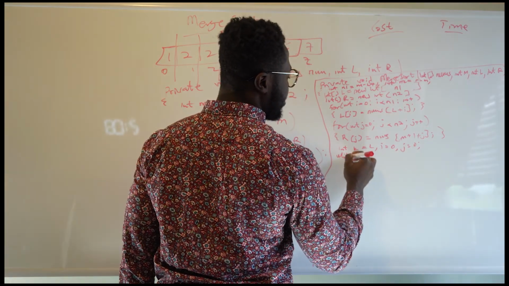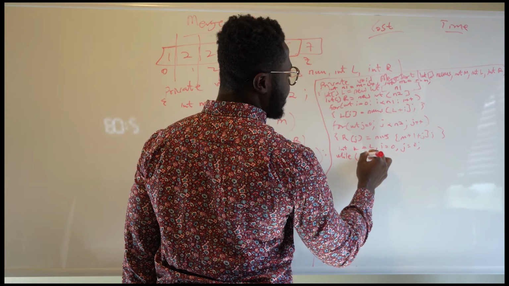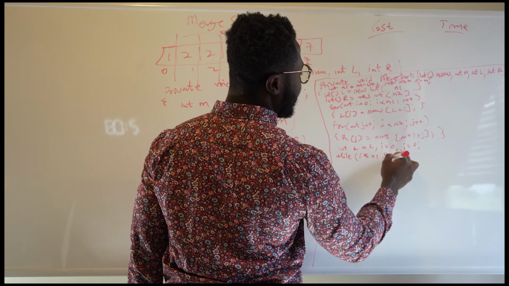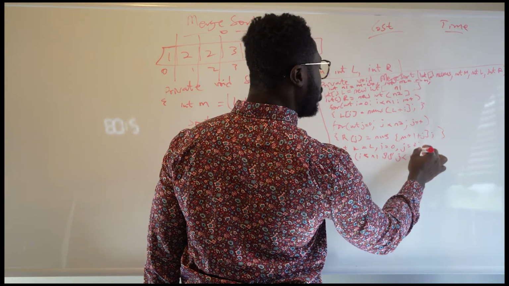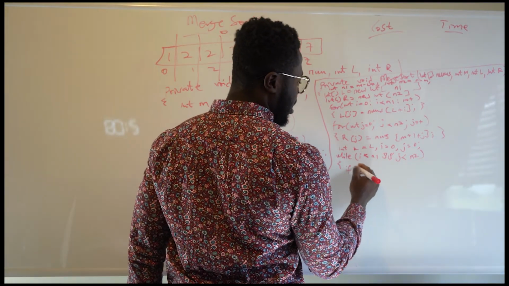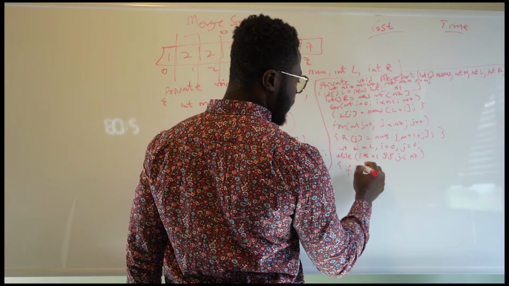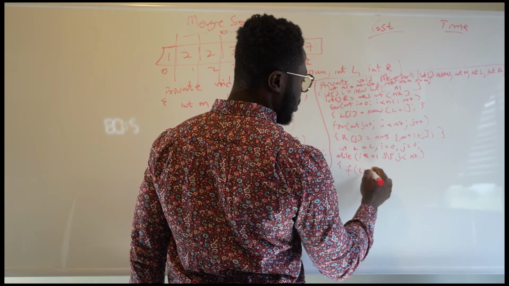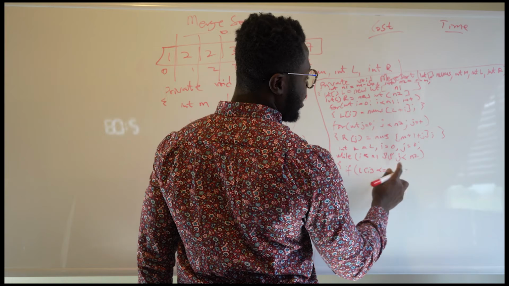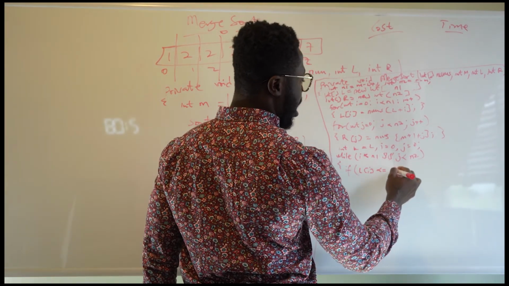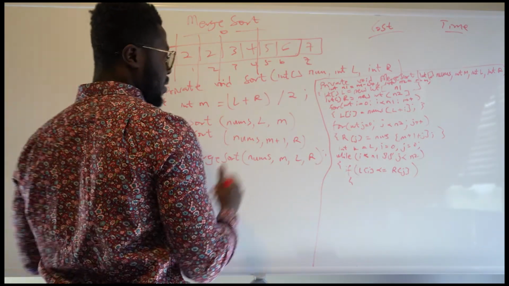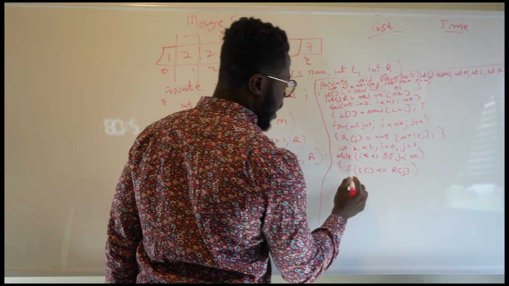So while i is less than n1 and j is less than n2, then we come here, then we check if L[i] is less than or equals to R[j], that means we put it in front, right?